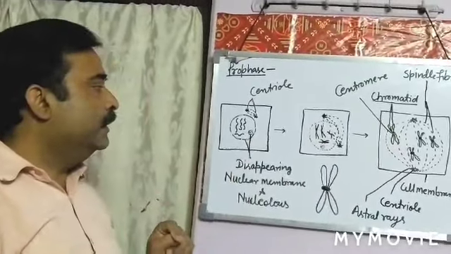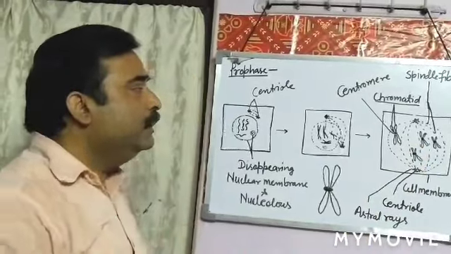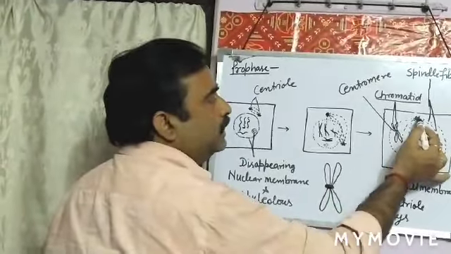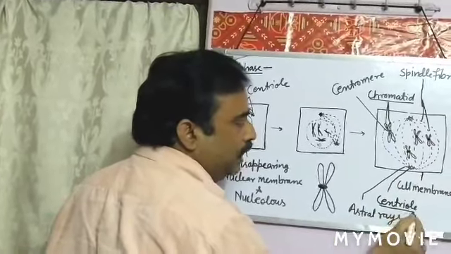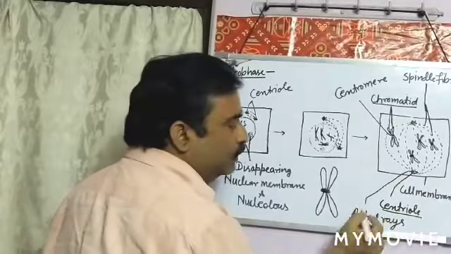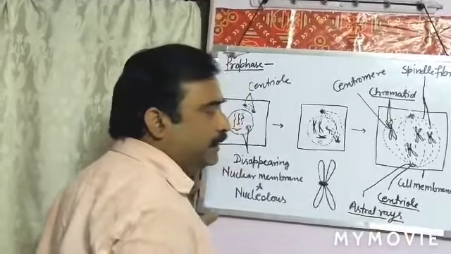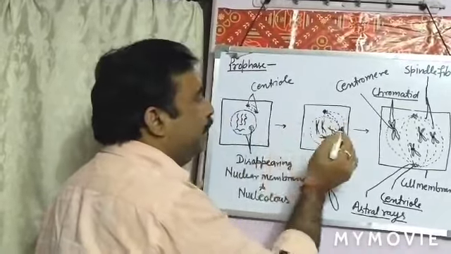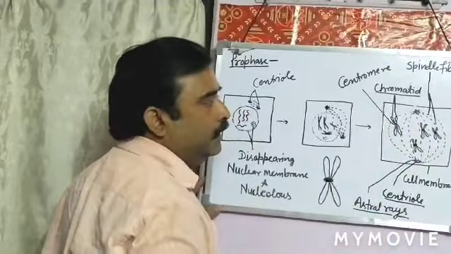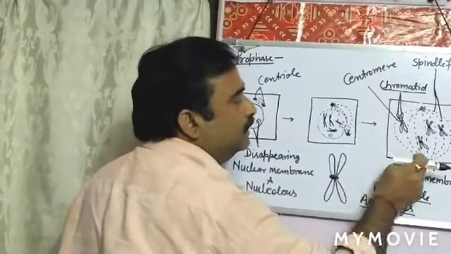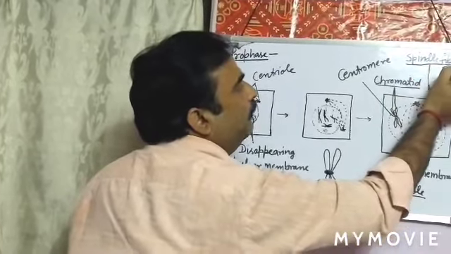And when we see the final stage of the prophase, what happened? The centrioles reach the opposite poles. Around the centrioles there is a ray-like structure, called astral rays. The nuclear membrane and nucleolus totally disappear, and in between the centrioles there is formation of the spindle fiber.